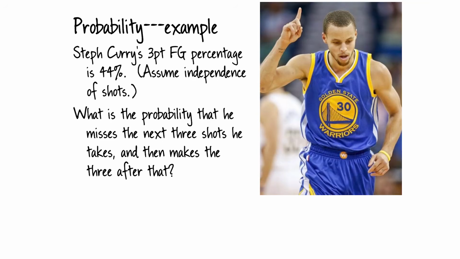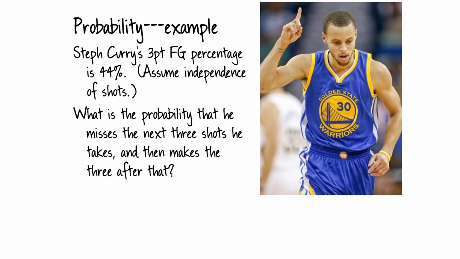Okay, so I looked up his 3-point field goal percentage. So maybe I should take a step back. If you really don't know anything about basketball, a 3-point shot is one taken from 23 feet or more away from the basket, okay? And depending on the shooter, these can be pretty low percentage shots.